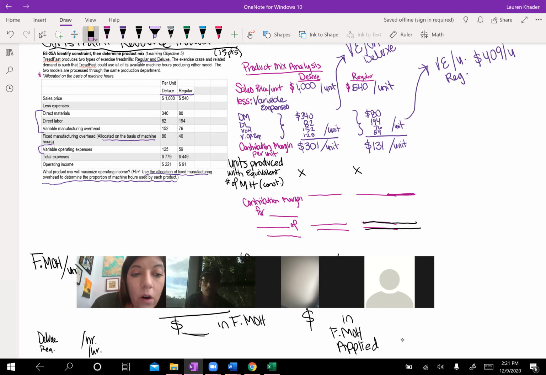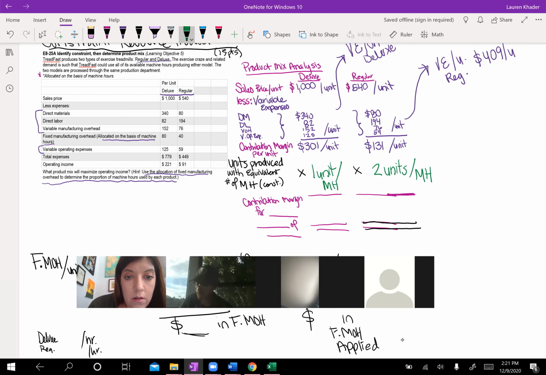So in 1 hour, you can produce how many units of the regular? 2. So 2 units per hour. And in 1 hour, you can only produce 1 unit of the deluxe.